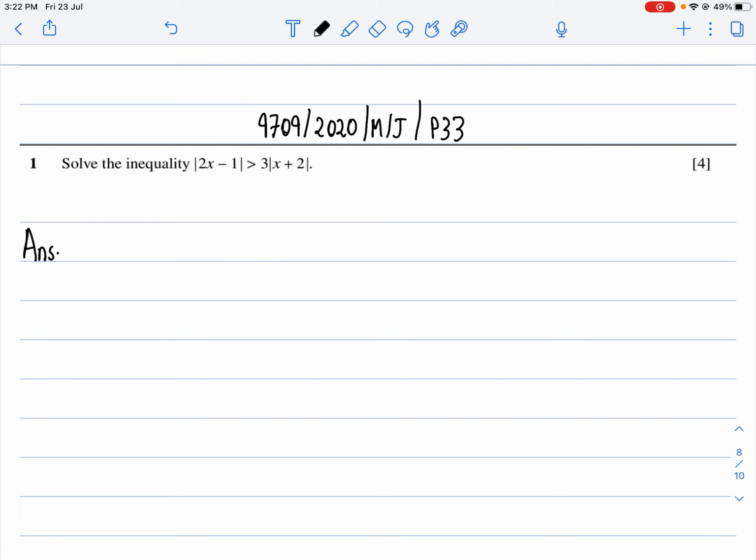So I simply write 2x minus 1 the whole square, which is more than, when I square this full thing, I basically get 3 square into x plus 2 the whole square.